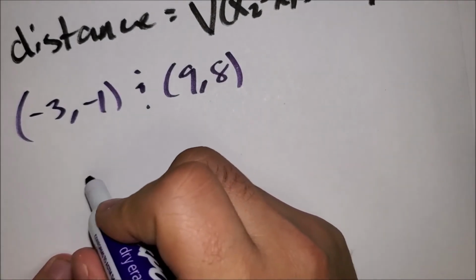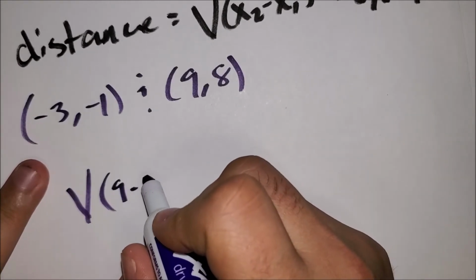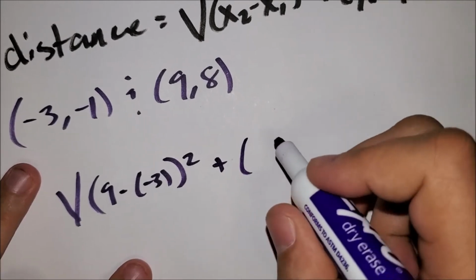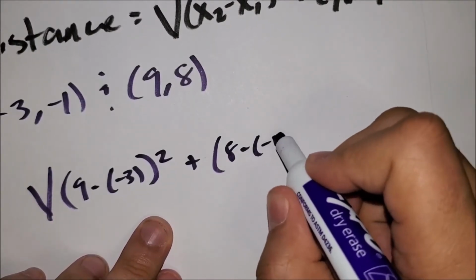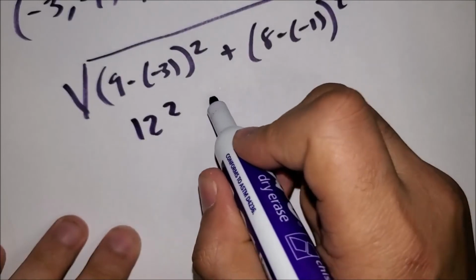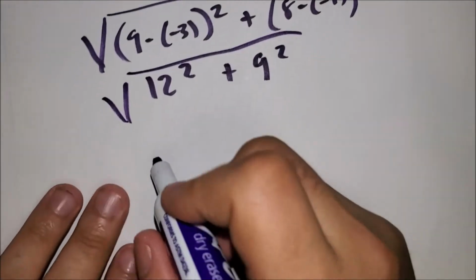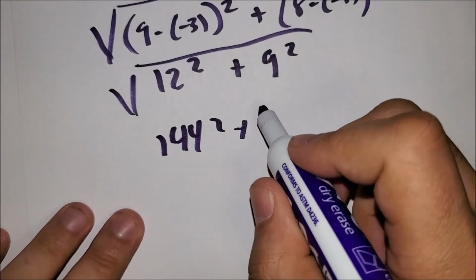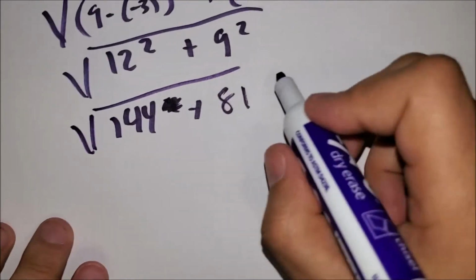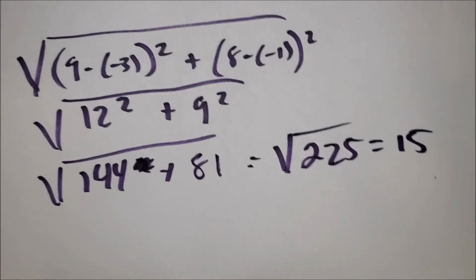This would be square root of 9 minus negative 3 squared, plus 8 minus negative 1 squared. 9 minus negative 3 is 12, 12 squared, plus 8 minus negative 1 is 9, 9 squared. 144 plus 81 equals root 225, which is just 15. And it gives you the same thing without having to draw a picture.